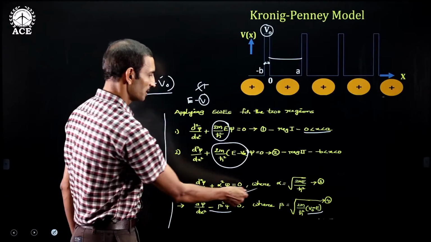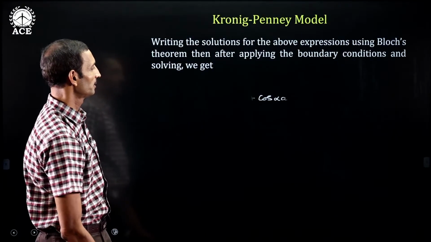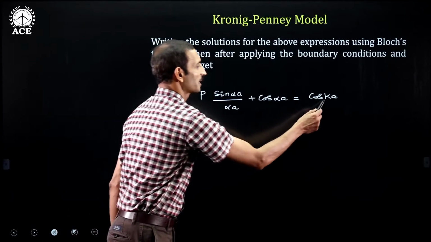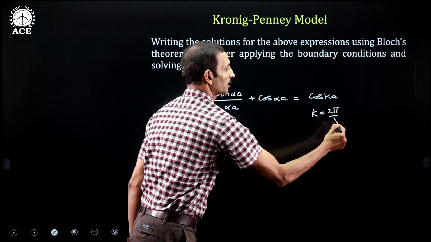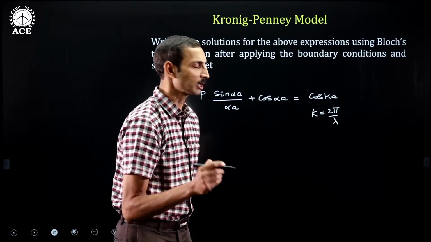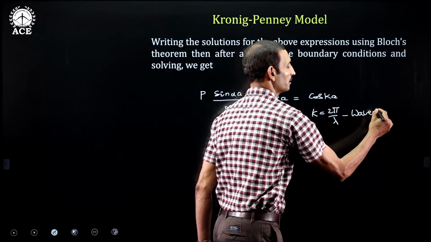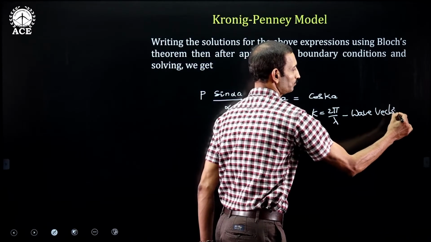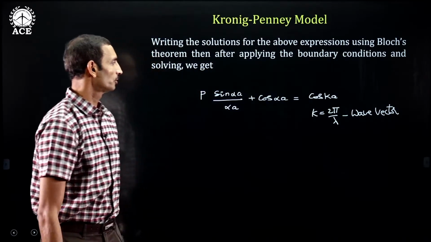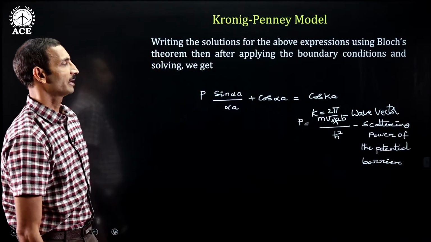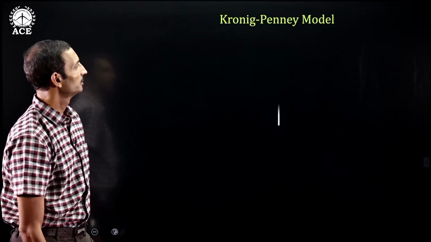These alphas are the result of this equation. This is alpha, right? So therefore, this equation is valid. What is this K? K is nothing but 2 pi by lambda, what we call the angular wave number, but in quantum mechanics it has a name called propagation constant or wave vector. Propagation constant or wave vector. So P is m V naught a b by h cross square, the scattering power of the potential barrier.